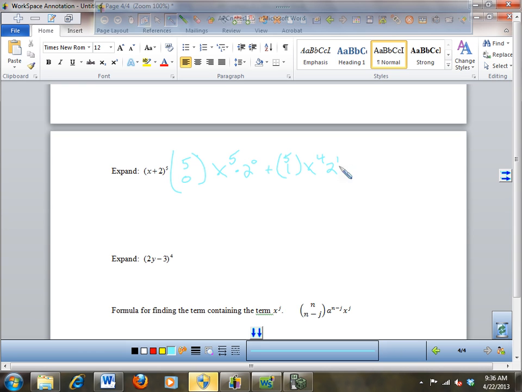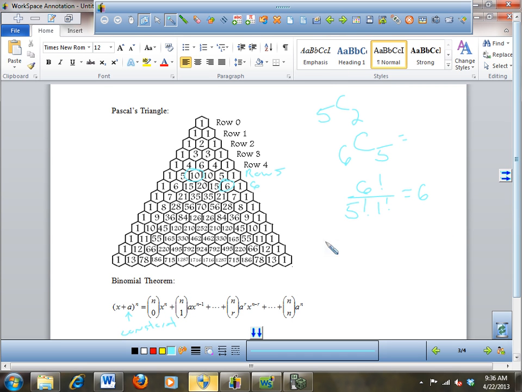So this plus this always adds up to this over here. Yes, Rhoda? Because the formula says, going back, it's not there, but 2 to the 0 is 1, just to show you.